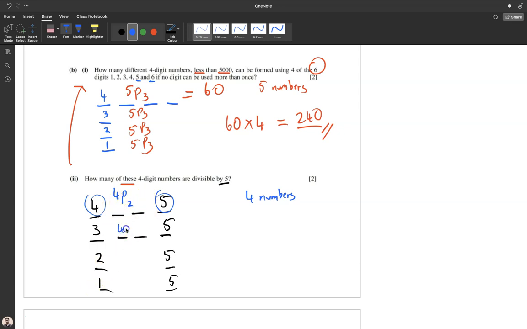It's the same here, 4P2 here, here, and here. Therefore, I take 4P2 multiplied by 4. I'll end up getting 12 times 4, 48 different 4-digit numbers that are divisible by 5 and are less than 5,000. So that's basically how you do it.